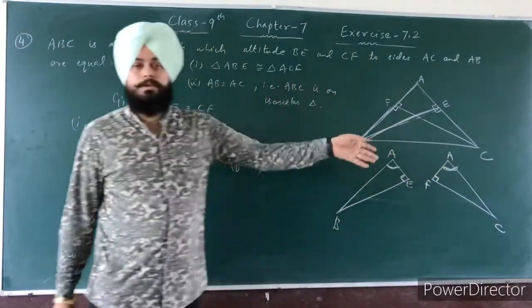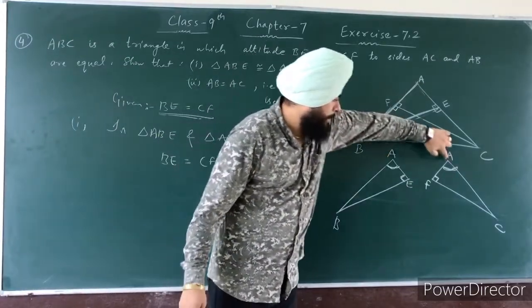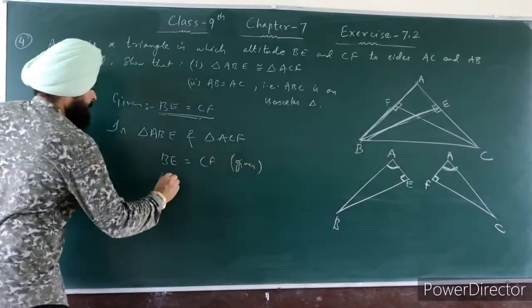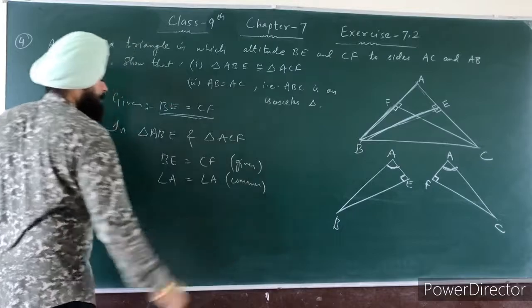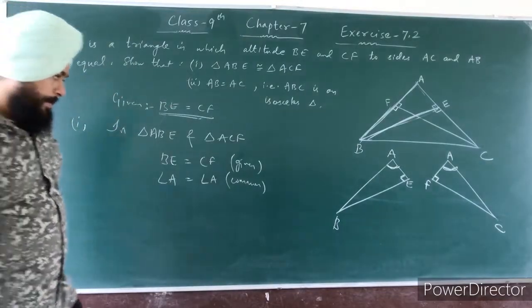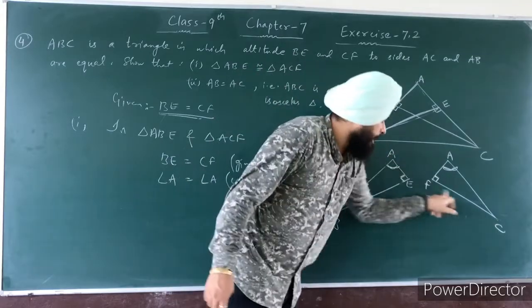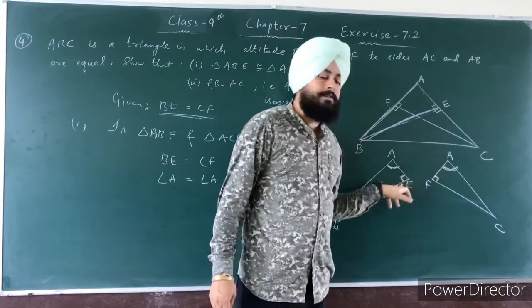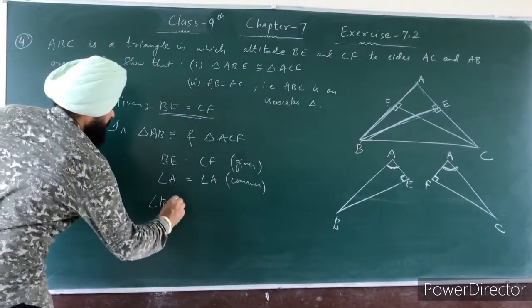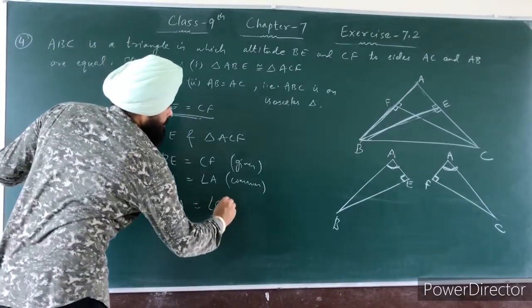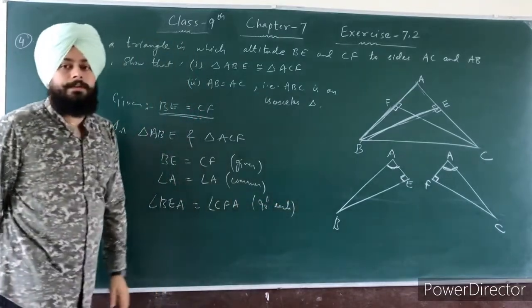Angle is common in both these two triangles. Angle A common है, check करो, ठीक है? So you can write here angle A equal to angle A, common. And the third one is you can see here this angle BEA and angle CFA. It is of measure 90 degree each. So you can write angle BEA equal to angle CFA. The reason is what? 90 degree each.